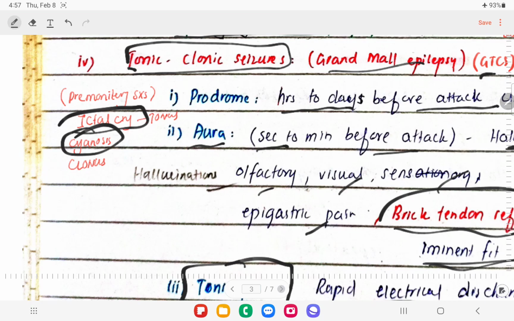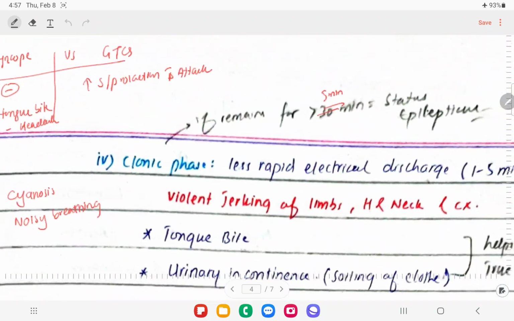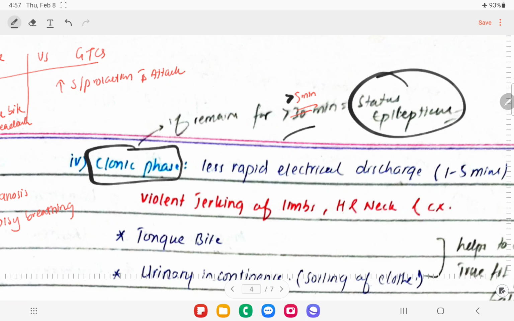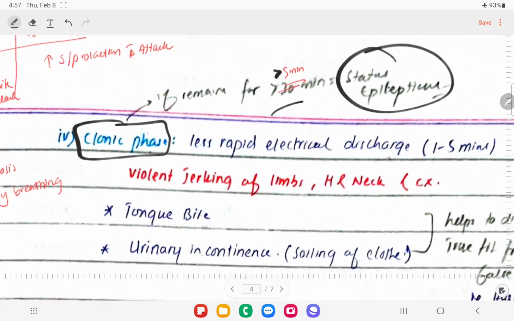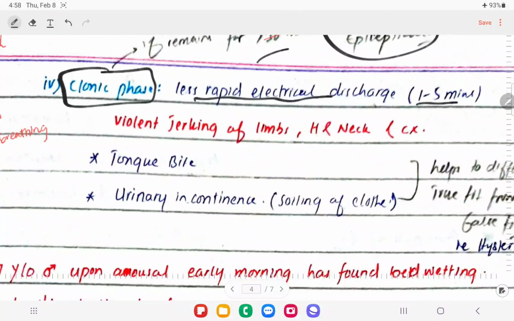And after that clonus starts, right? After the tonic phase, the clonic phase is going to start. If it remains for more than 5 minutes, we're going to call it status epilepticus, right? Okay, so in the clonic phase, there will be less electrical discharge for 1 to 5 minutes, and because of that there will be violent jerking of the limbs, right?